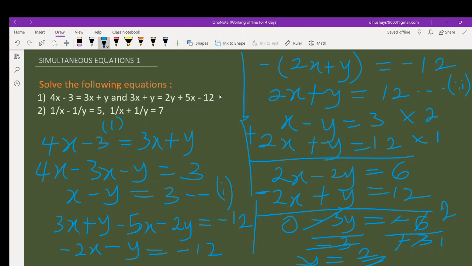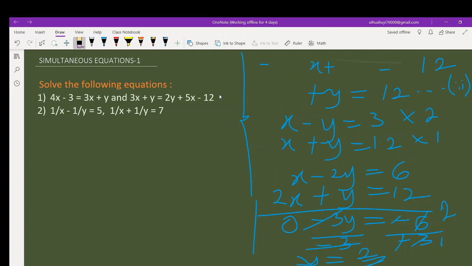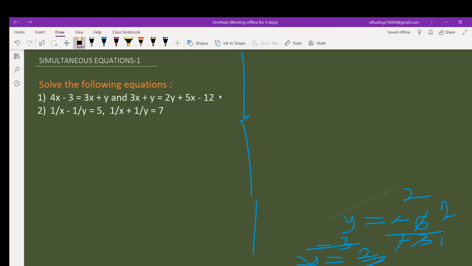Okay, we have a question 2 to deal with. Solve question 2. You have 1 upon x minus 1 upon y is equal to 5.